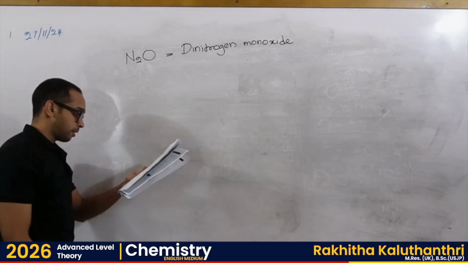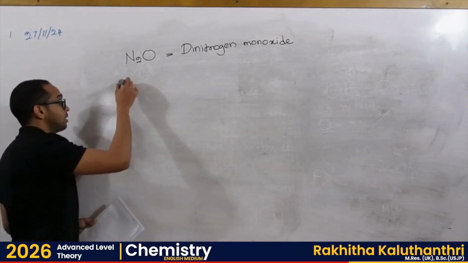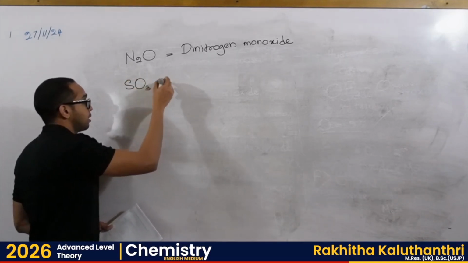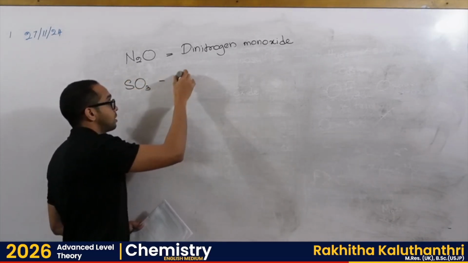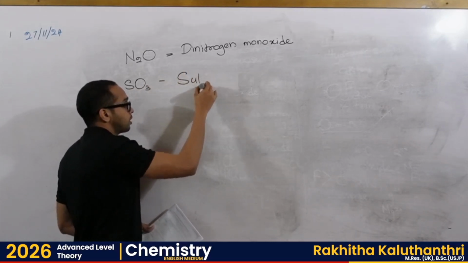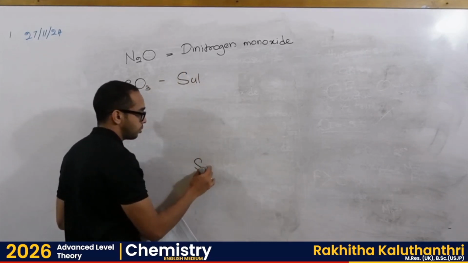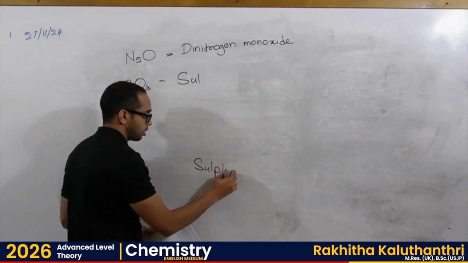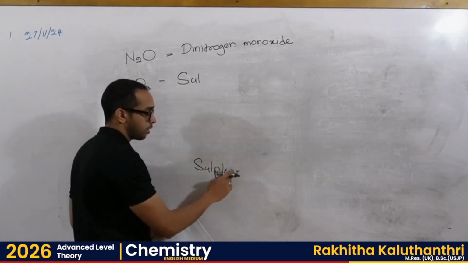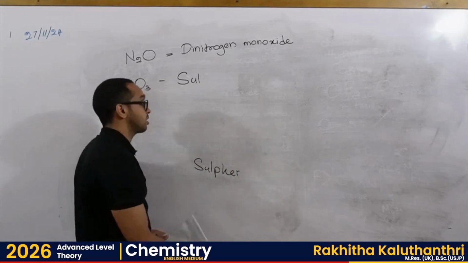And then sulfur trioxide, SO3. Now one of the answers I saw, not all of them, just one. Some of you wrote the answer sulfur with PH. That's of course wrong. Even if you wrote it with PHUR, it's still wrong.